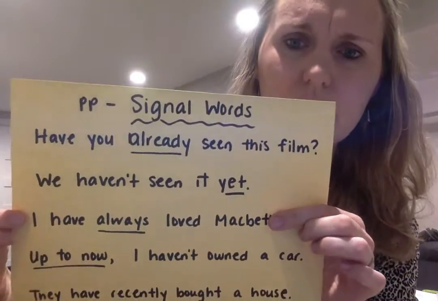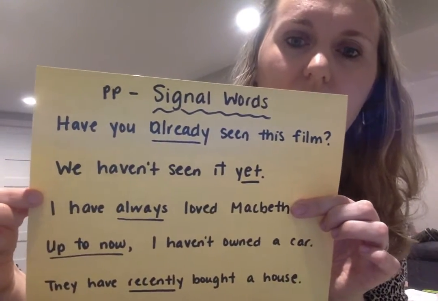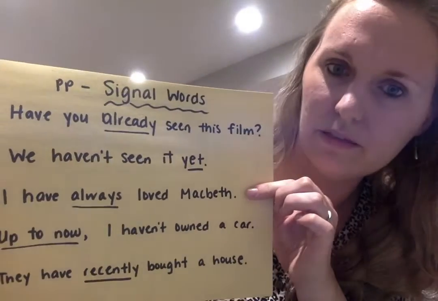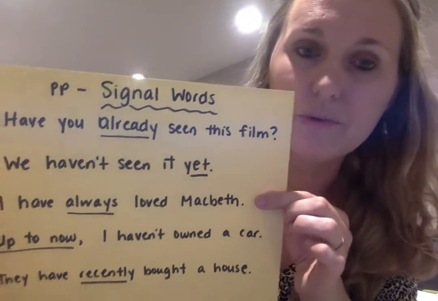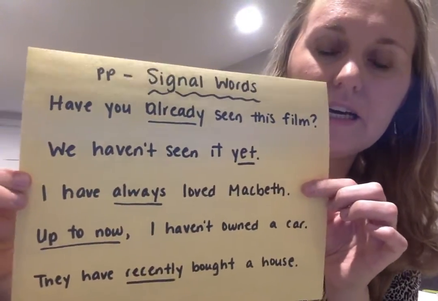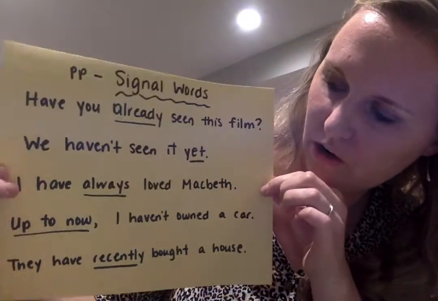Let's look at the third example. I have always loved Macbeth, right? That word always indicates that we have to use the present perfect. And then the fourth example, up to now I haven't owned a car, right?